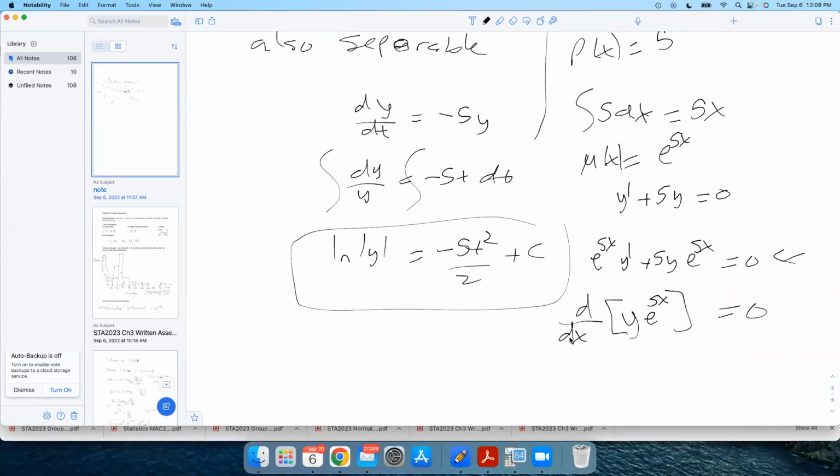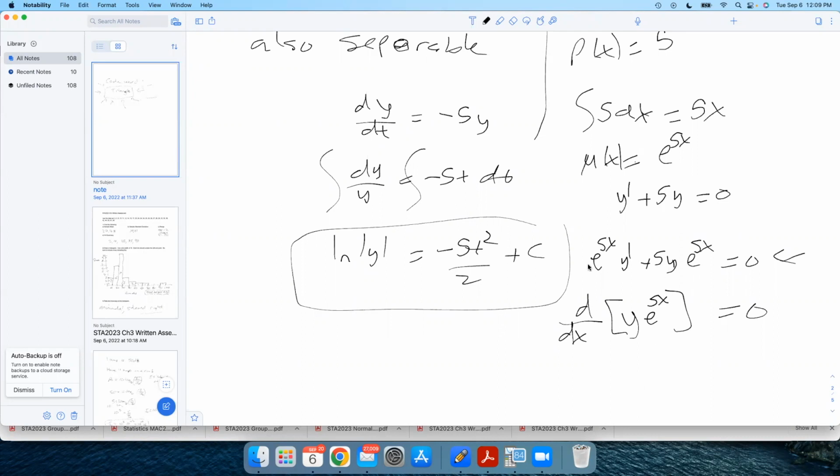You have to write this step out. Now, we should check that. What is the product rule derivative of this? That would be derivative of the first, y prime, leave the second alone, plus leave the first alone, there's the y, times derivative of the second. Derivative of e to the 5x would be e to the 5x times 5.